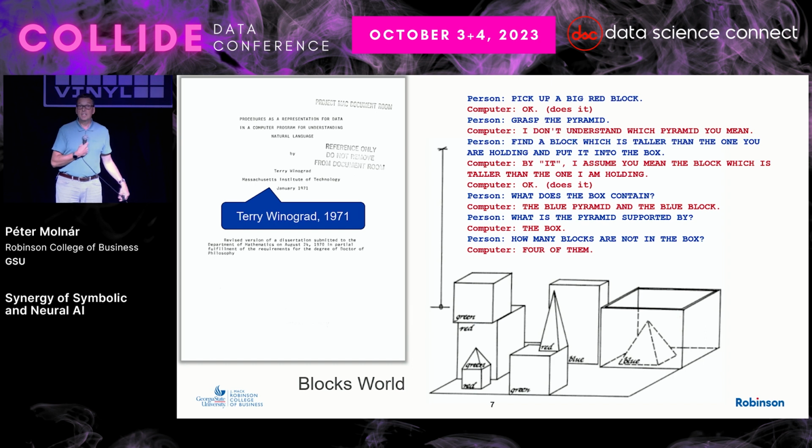The idea is to limit the knowledge domain of the universe to a very simple problem. So back then, over 50 years ago, it was a very simple idea of having a table with a number of different blocks, and a robot arm that can manipulate the space and pick up a block.